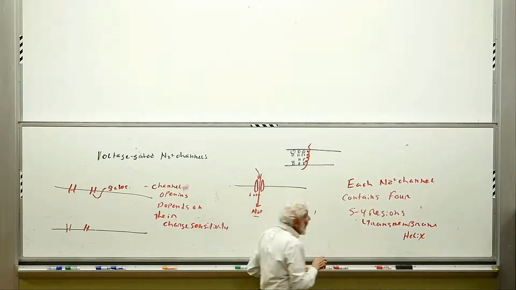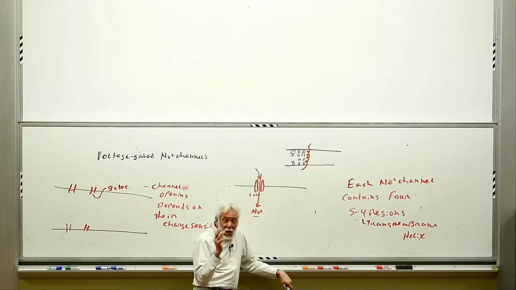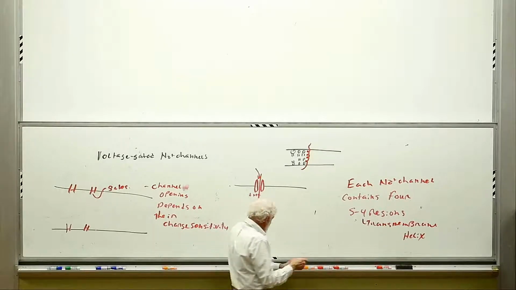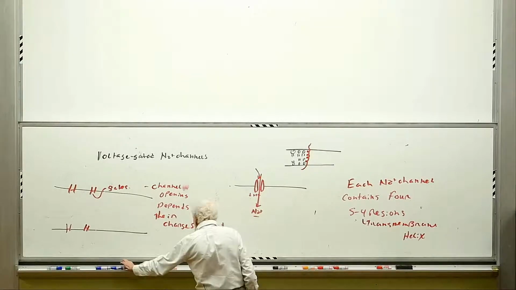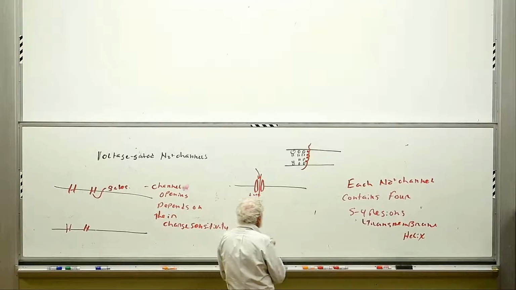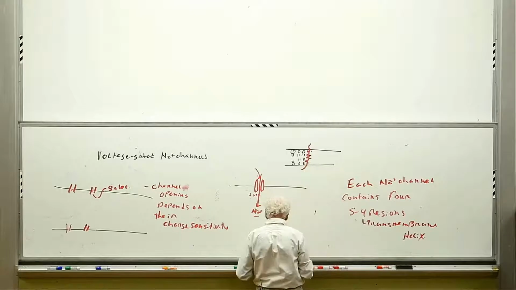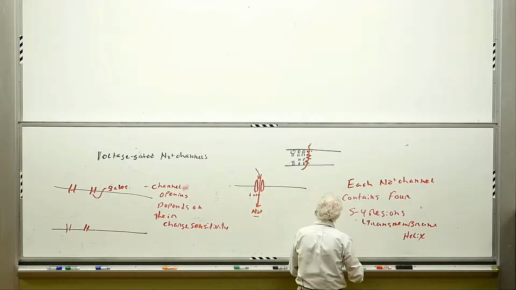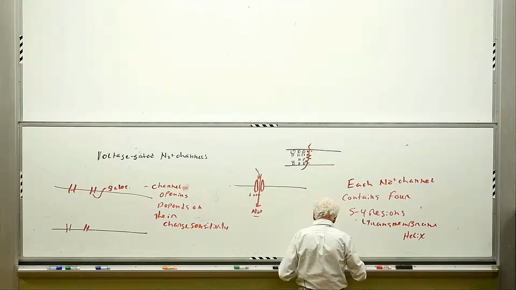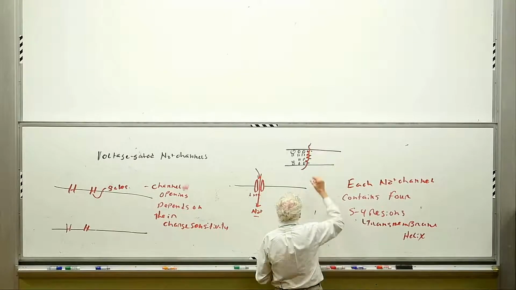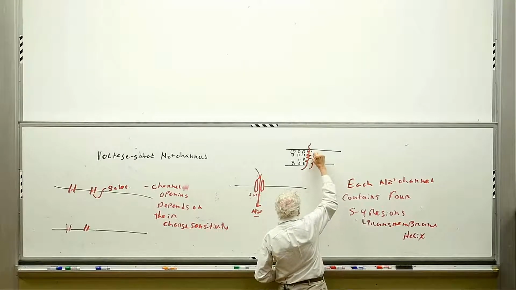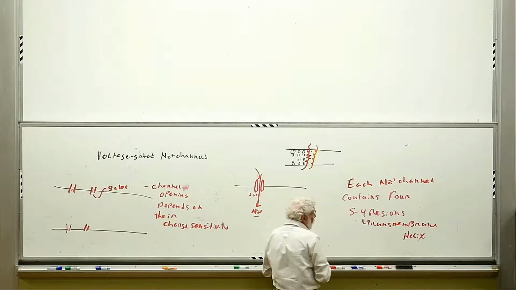Now, on that transmembrane region of the helix, there'll be charges. And there'll be R groups. It turns out on the S4 region, there are a certain series of positive charges that line up with another transmembrane region. No, I don't remember which one it is.